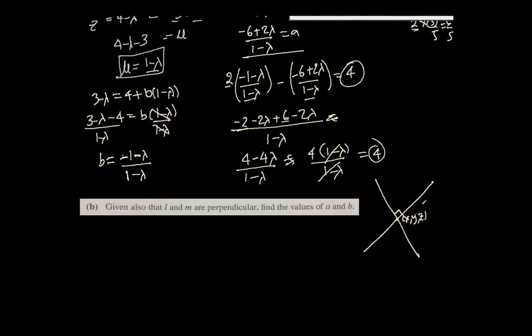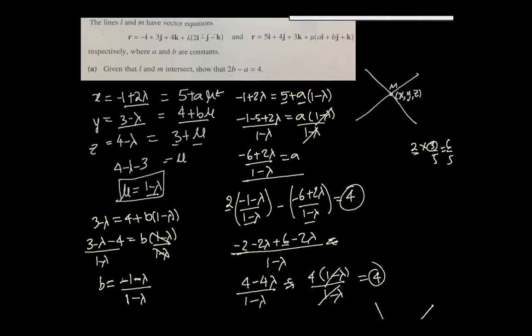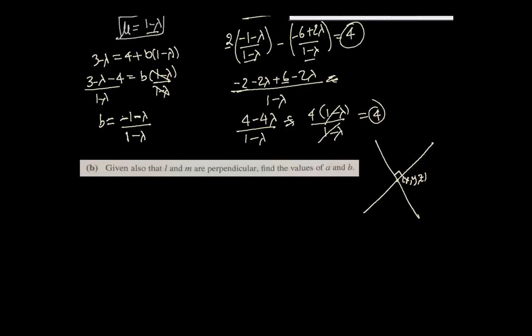When two lines are perpendicular to each other, two vectors are perpendicular to each other, their dot product is 0. So in this vector equation, this part which is after lambda and this which is after mu, these are the vector parts of the vector equation. So let me write that dot product equal to 0.